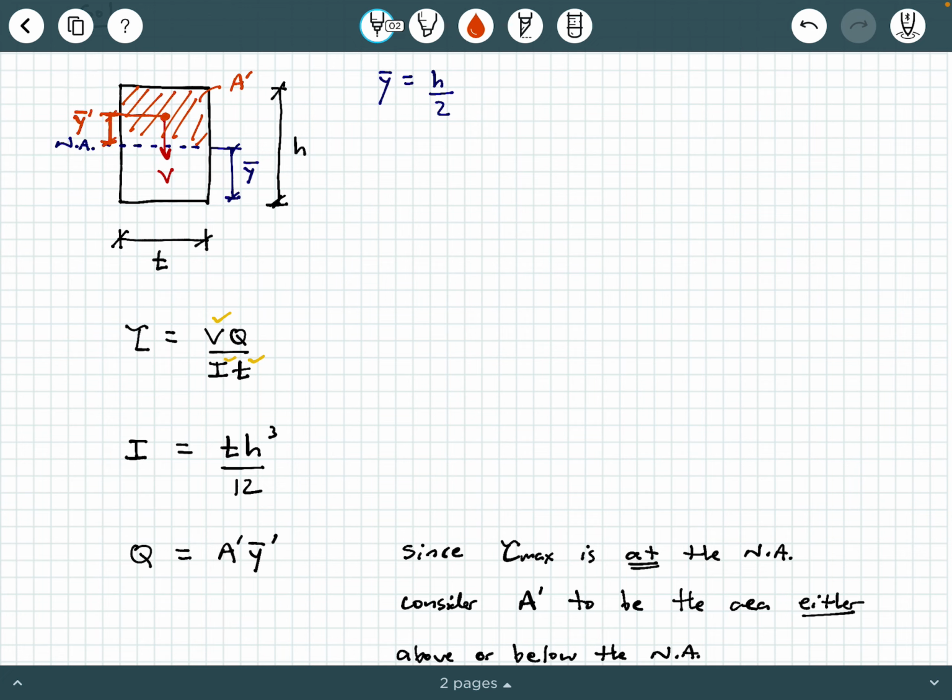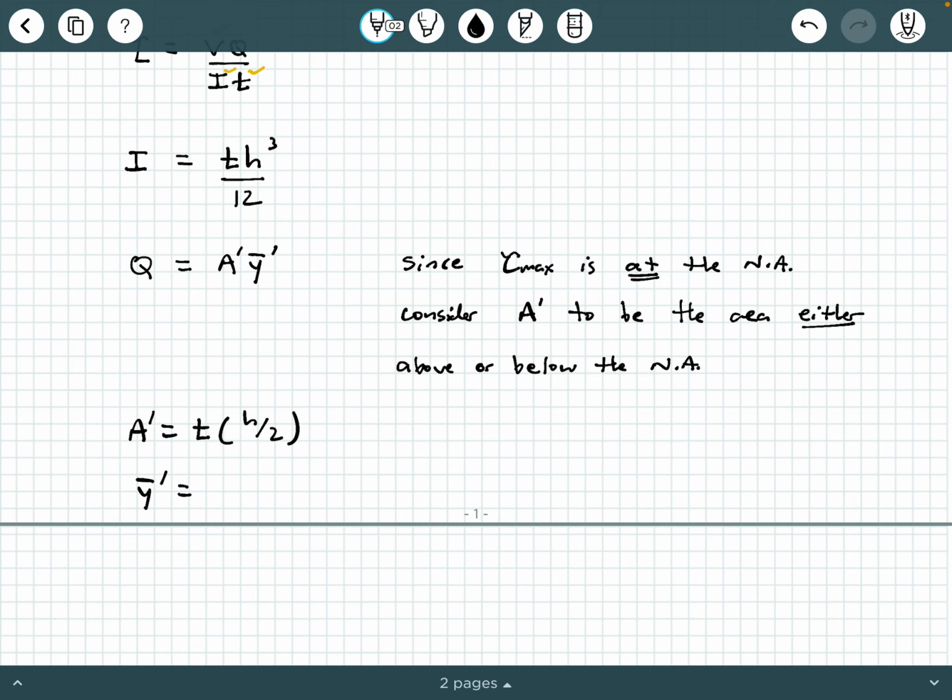Again, that's the distance from the overall neutral axis to the centroid of A prime. Now, what is that Y prime bar going to be? Well, it's not h over 2. It'll be h over 2 over 2, so it's going to be h over 4. So I'm going to say Y prime bar is h over 4.